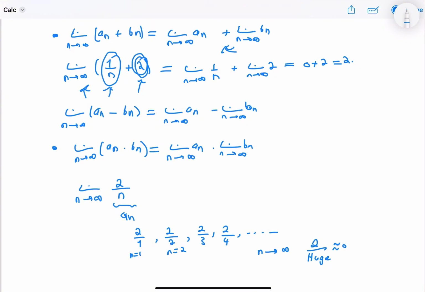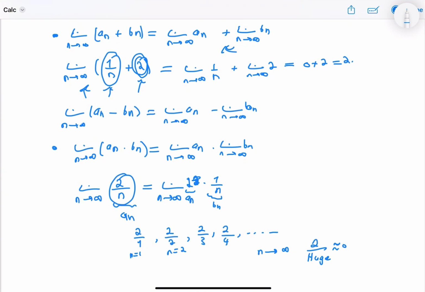The reason it's true is because this is the limit of 2 times 1 over n. You don't usually need to do these steps, and later on you can just use the fact that this will be 0 automatically, but because we're proving it right now, it's the limit of a constant sequence 2 multiplied by another sequence.